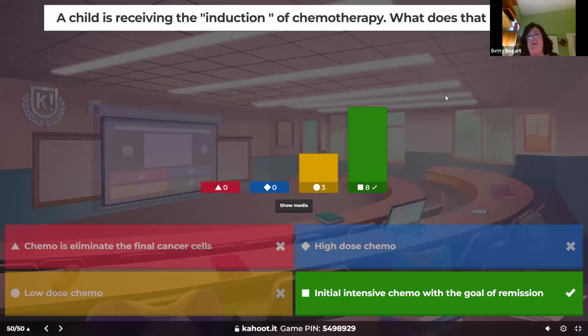I'm telling you, a bunch of chemo, different types, hitting this cancer from all different ways, and the goal is remission. Those other three steps have to do with making sure we got all those sneaky little cancer cells that are hidden, to get rid of them and continue with remission.